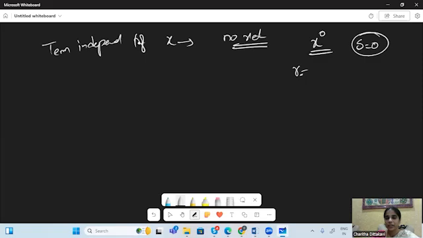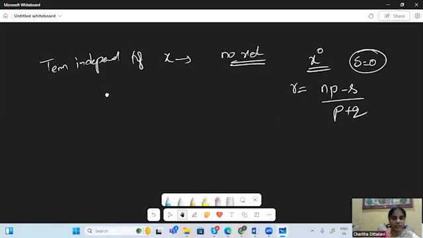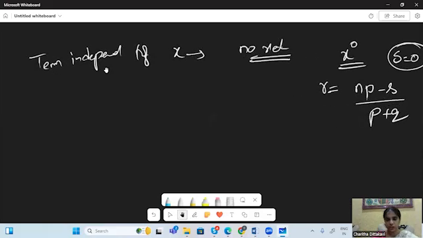Clear? So what is r equal to? r is the same as (np − s)/(p + q). So whenever you have a question based on term independent of x, you can just approach this. So for the same question, let us go with where is my term independent of x in the expansion? Let me write that expansion here.